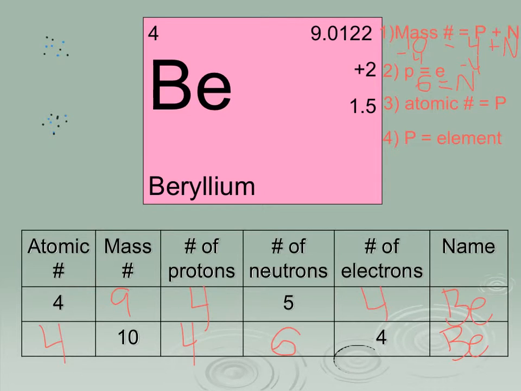So they're still all beryllium atoms because each one is going to have 4 protons in its nucleus, but some have 5 neutrons, some have 6 neutrons. It's still a beryllium atom, but they just have different numbers of neutrons. So now let's continue on to the next slide and try solving for that problem.